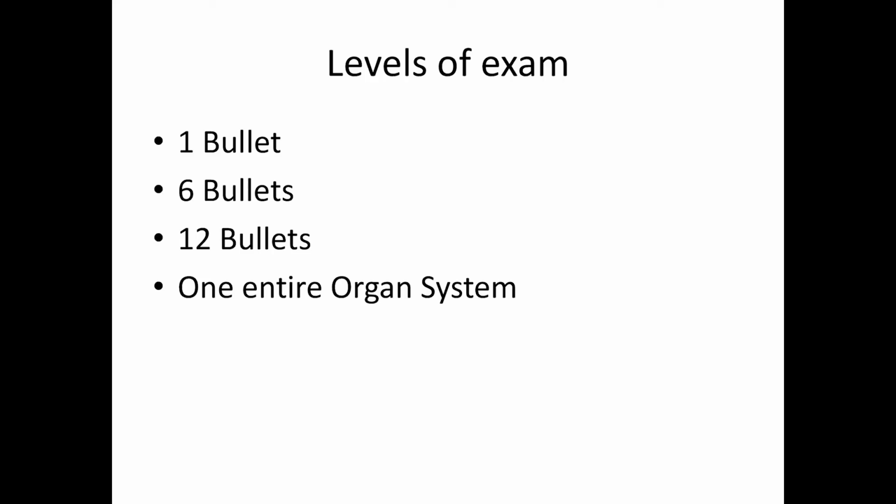Next is exam. If you look at the bottom right-hand corner of the handout, you see a bunch of exam bullets. A bullet is anything that is preceded by a Microsoft Word bullet, little black dot, right? That's a bullet. And as you look down the sheet, you could see it jumps from 1, 6, or 12 bullets. You count up the bullets.